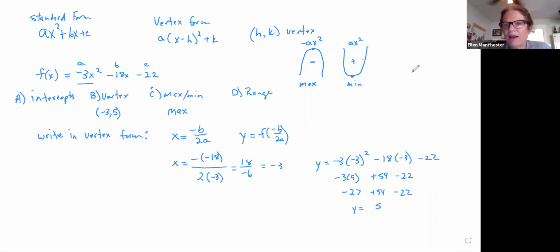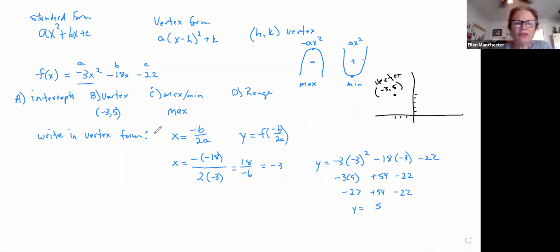If I were to graph this, just to have a visual, I have negative 3, so 1, 2, 3 to the negative side, positive 5, 1, 2, 3, 4, 5. That's my vertex. In other words, that's the highest point of my graph.